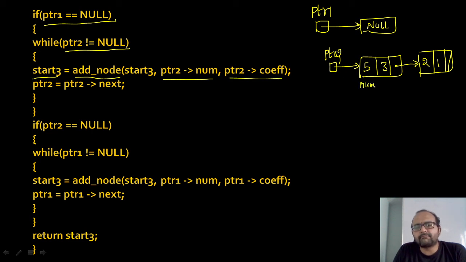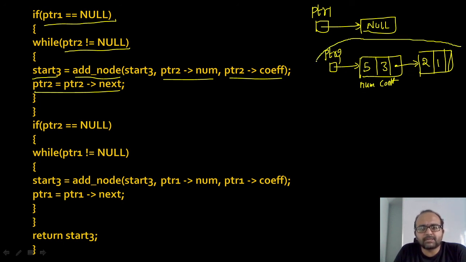So this is number, this is coefficient. So is going to be added, right? So this is the case, and ptr2 will be pointing to the next node, because ptr2 is equal to ptr2 arrow next. So this is one case where ptr1 is pointing to null and ptr2 contains some content. In that case, you have to consider ptr2 content into consideration because ptr1 is already pointing to null.